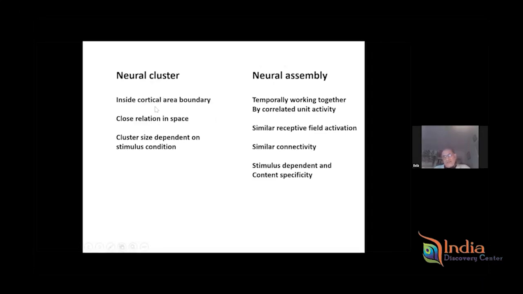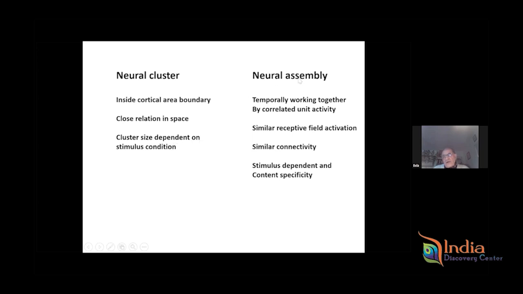In this paper I found, it was told that the neural cluster is inside the cortical area boundary, so it respects a very small cortical area, spatially very closely related to each other, and dependent on the stimuli condition.